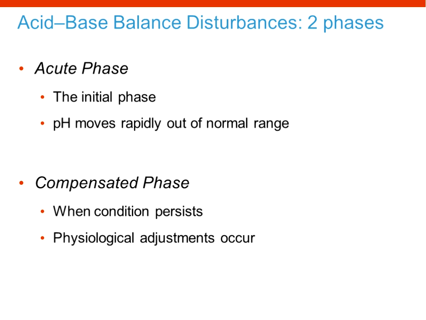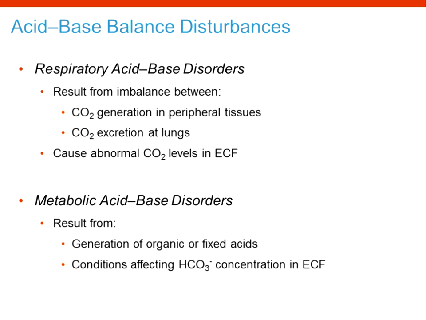It's an acute phase, and we do short-term compensating effects. If they stay around and the condition is going to be more permanent, we will then see compensation occur more robustly, with changes permanently to respiratory rate and permanently to secretion and reabsorption of sodium and potassium and hydrogens and bicarbonate at the kidneys.